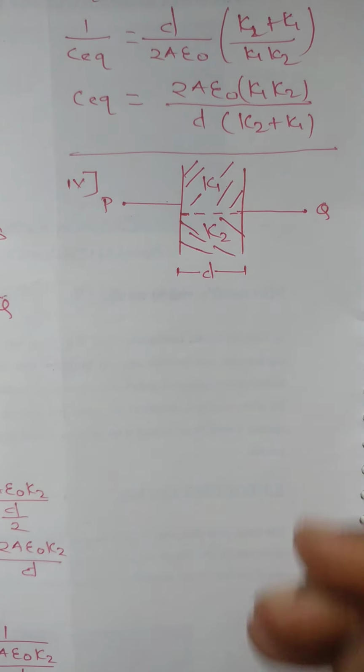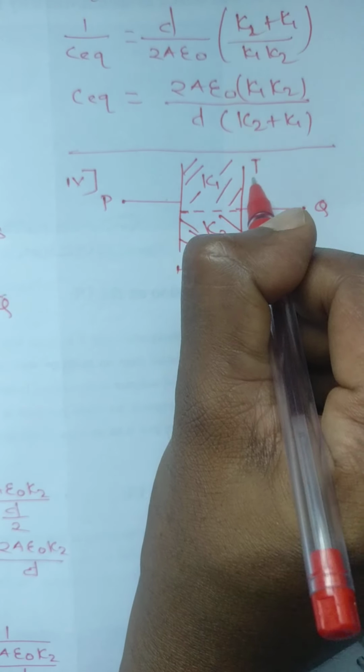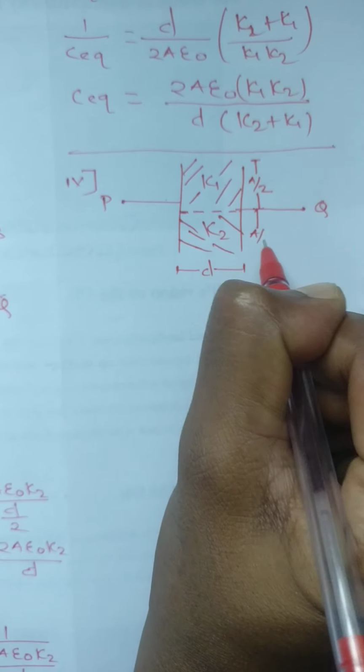The total area A is now divided: this area is A by 2 and this area is A by 2.